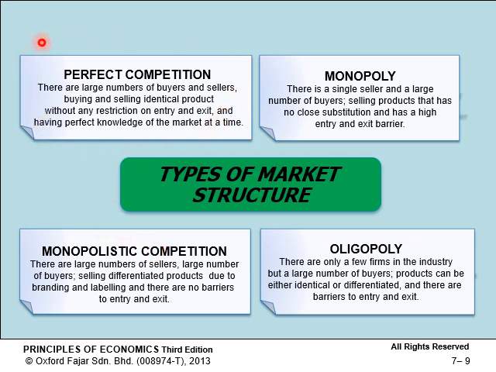We call it a perfect market, where the price is constant and the goods and products are the same. Meanwhile, the imperfect market category consists of monopoly, monopolistic competition, and oligopoly.